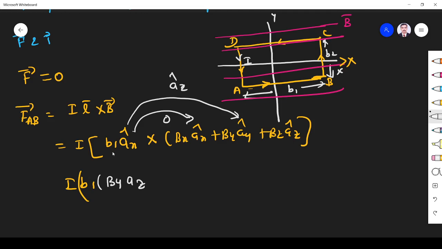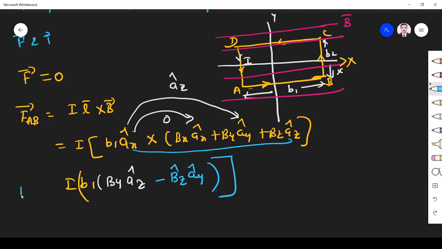Next, ax cross az is minus ay, so it is Bz minus ay. So this is our FAB.